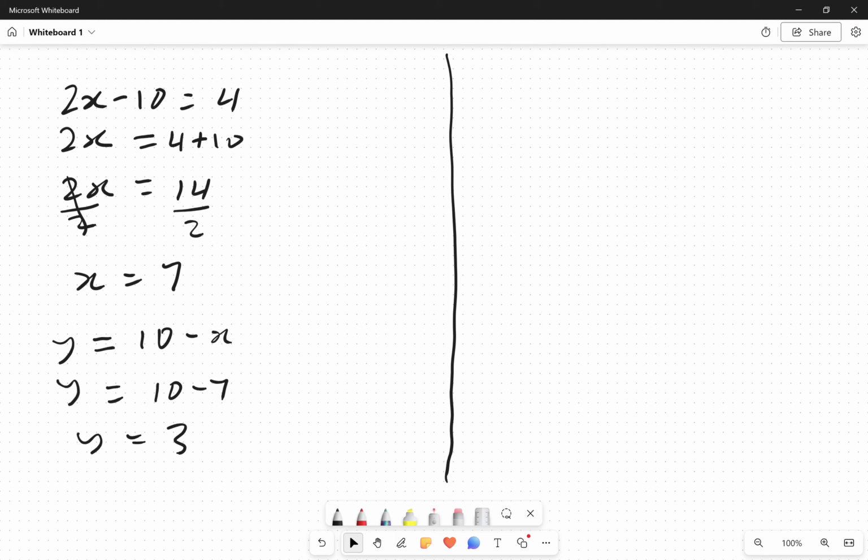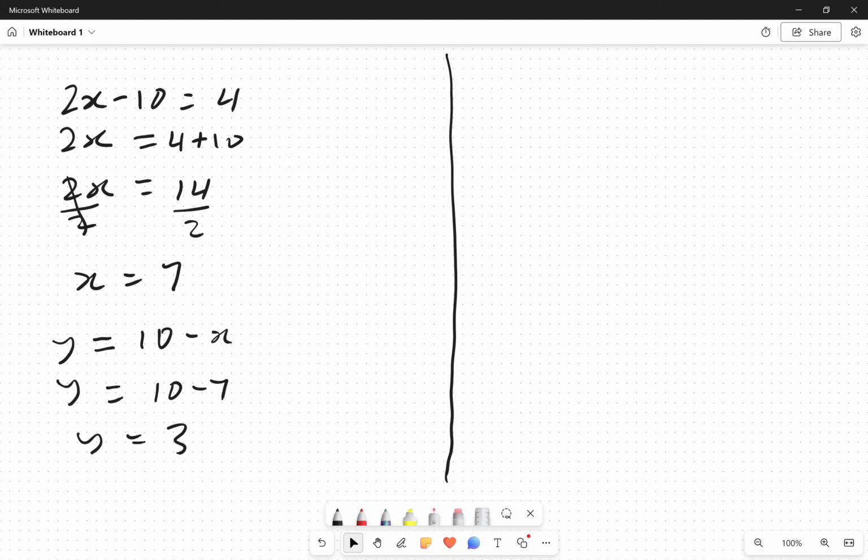So we've gotten our two values: x is equal to 7 and y is equal to 3. So this is how we solve simultaneous equations by substitution. First of all, you make one variable the subject, and then you look for one variable. After that, you come back to look for the other one that you couldn't find at that time.